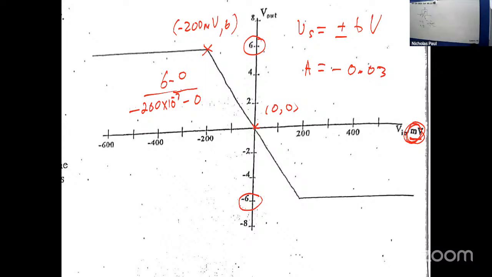And I would have got minus 30 or minus 300. Anybody get that? Minus 30? Yes, sir. Minus 30. That's the gain, right?